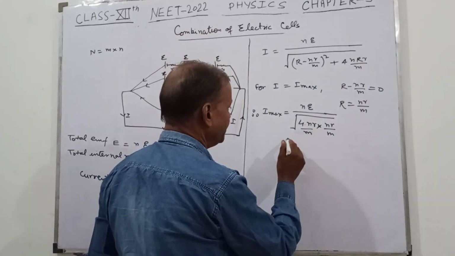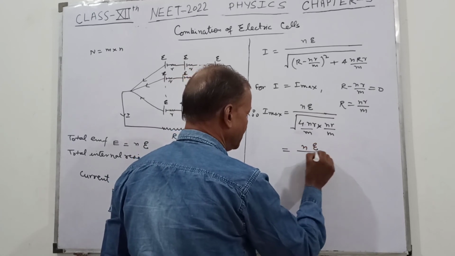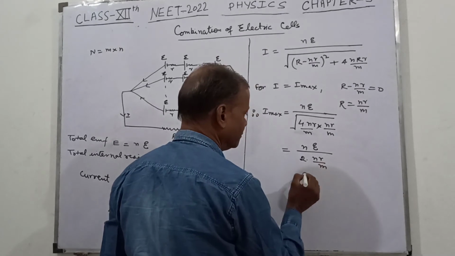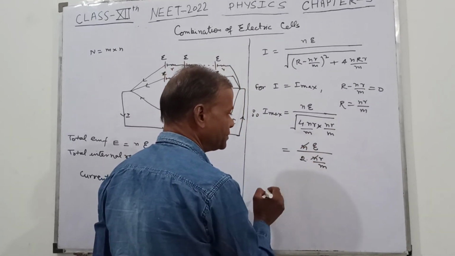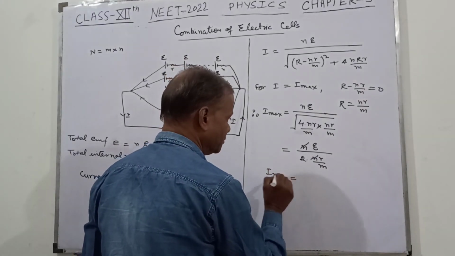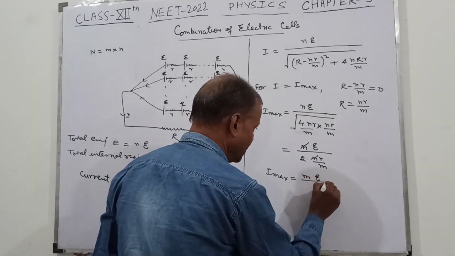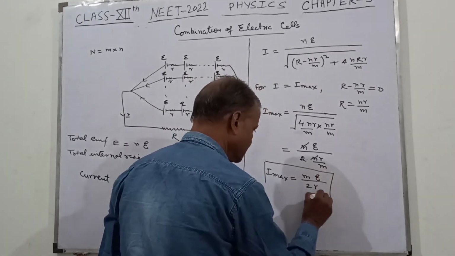So this will be your nE upon 2 nr upon m. Right? This will be whole square, this n and n will cancel. Then I maximum is how much? I maximum is equal to mE upon 2r. This is now I maximum.